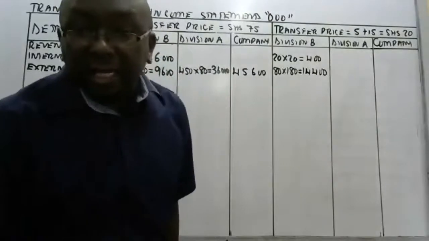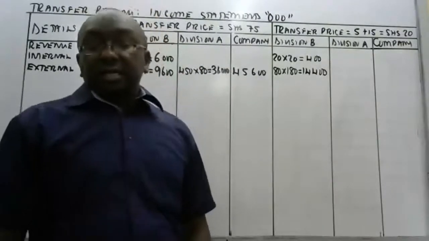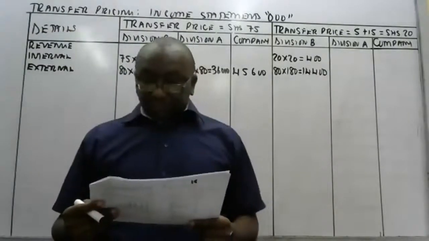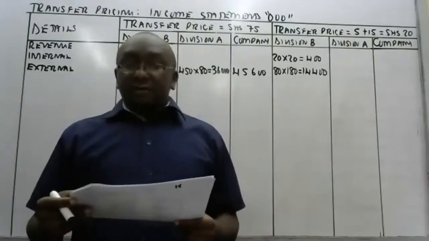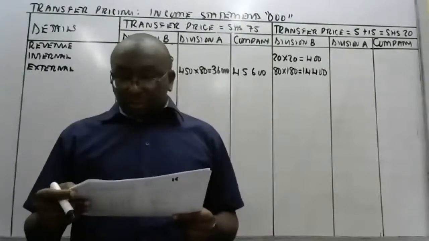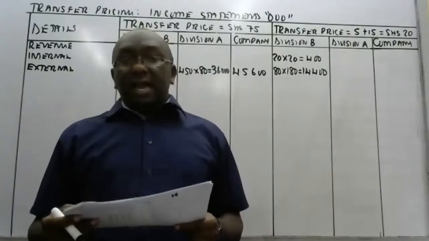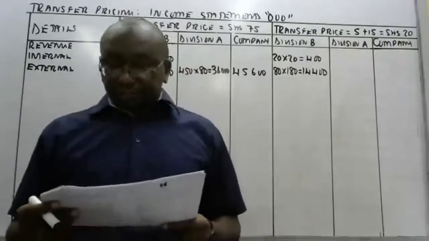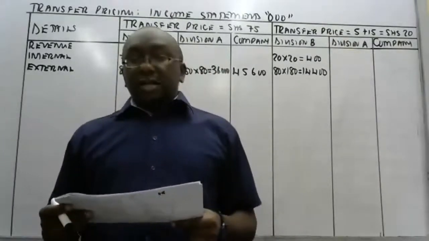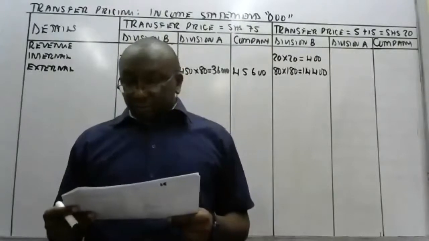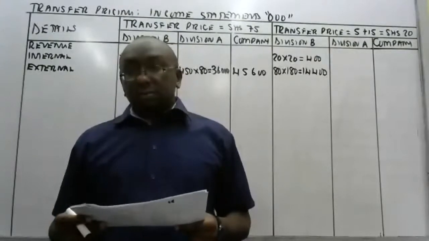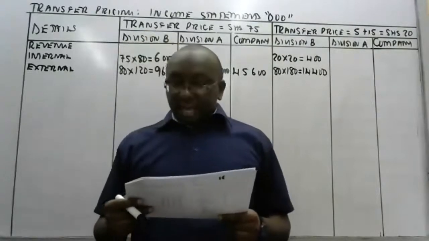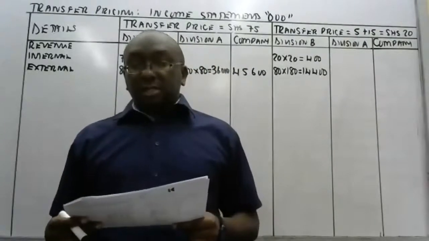Josephine, you are saying I explain how we have arrived at 20. If you look at the table for division B, at the end, the third last item is annual production of how many units? 200, good. Now below it, there is the external demand of how many units?